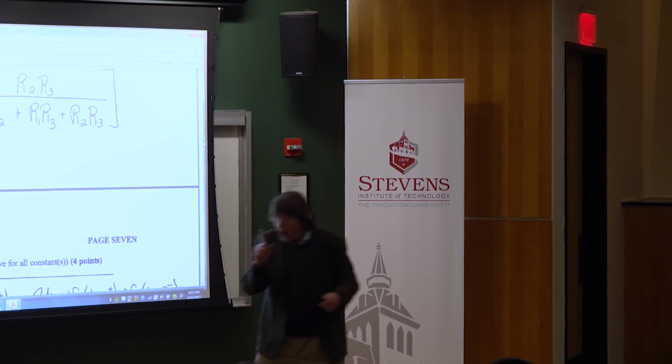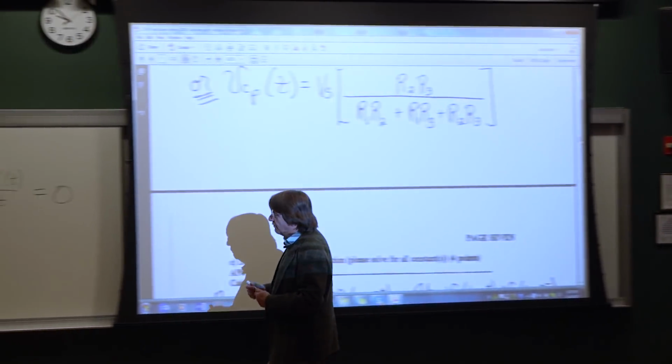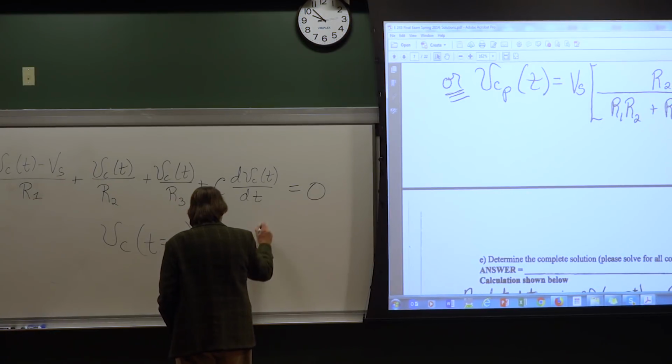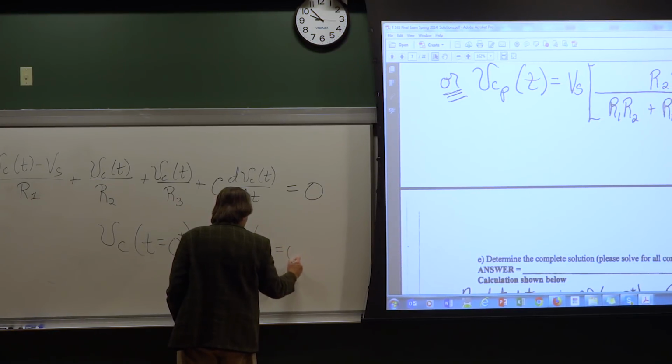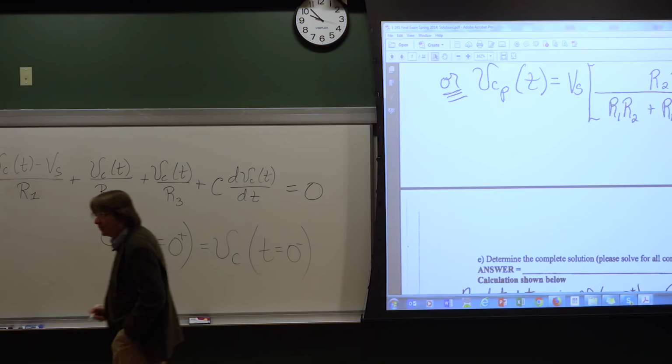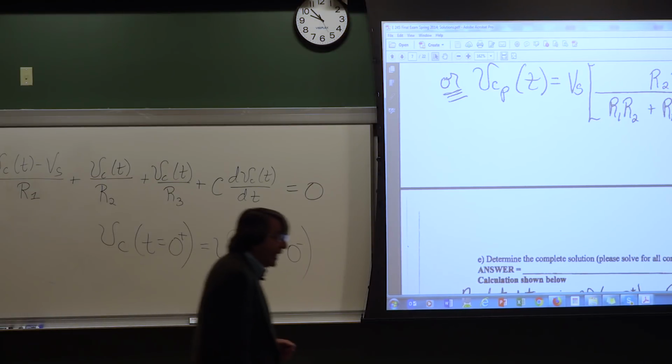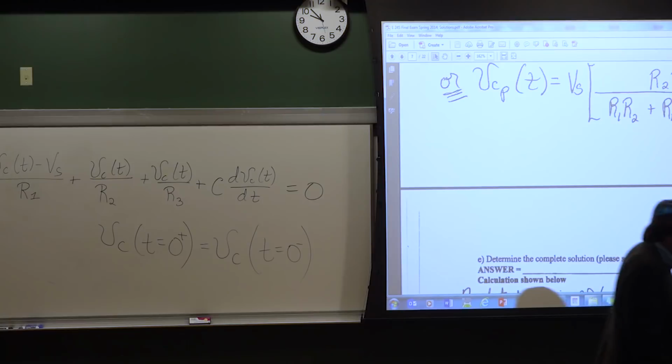Yes. Why? Because the voltage across the capacitor at t equals 0 plus is the voltage across the capacitor at t equals 0 minus. That's because we cannot have an instantaneous change in the voltage across the capacitor.